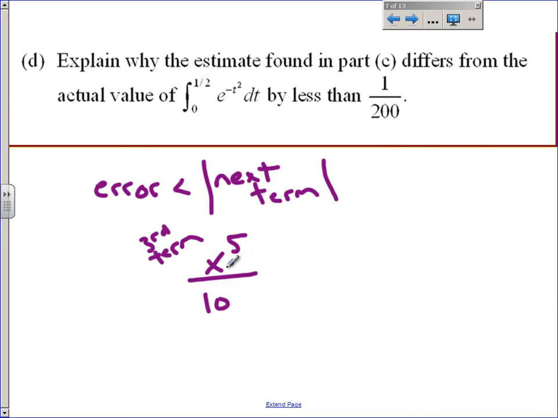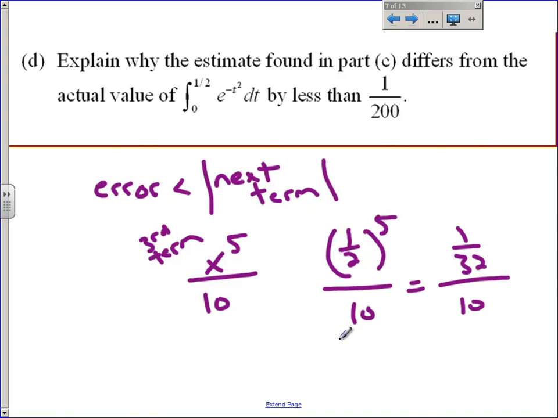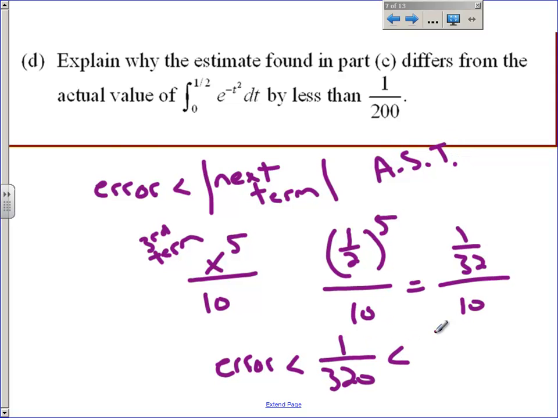So we plug in 1/2 for x, you get 1/2 to the 5th over 10, which is 1 over 32 over 10, which is 1 over 320. My error is less than 1 over 320 because this is an alternating series. My alternating series test. 1 over 320 is clearly smaller than 1 over 200, so I have just proved that.